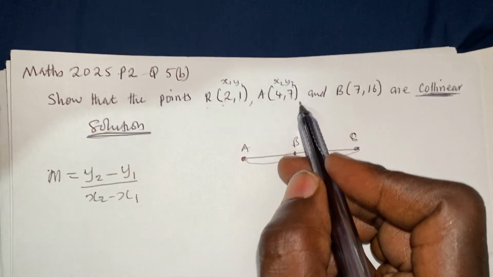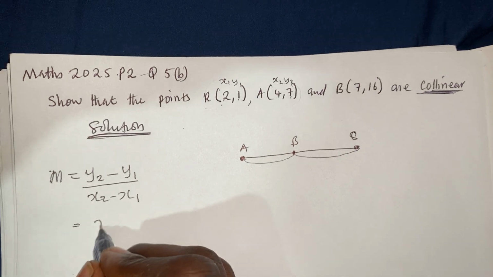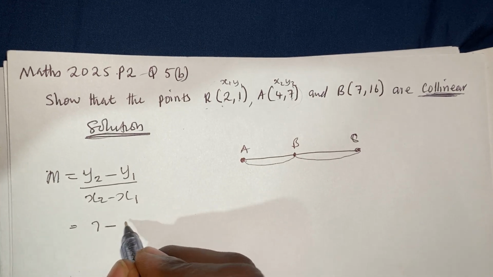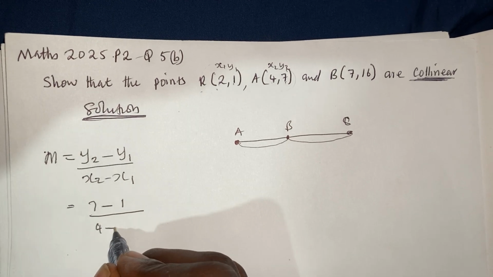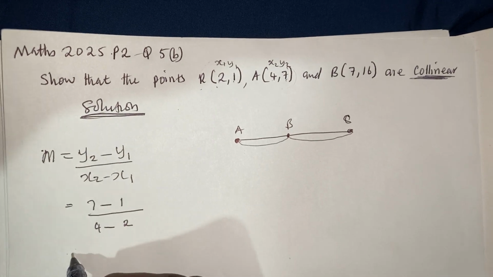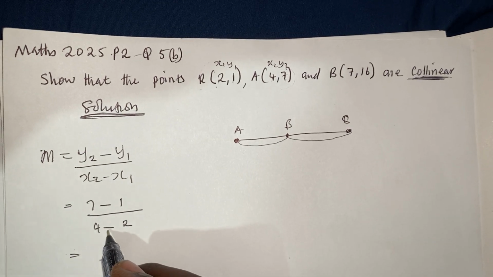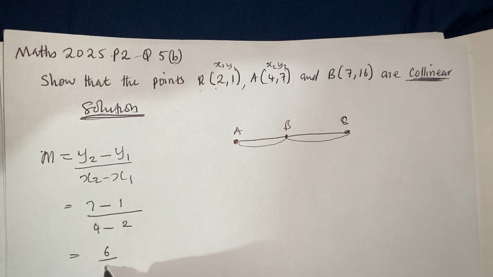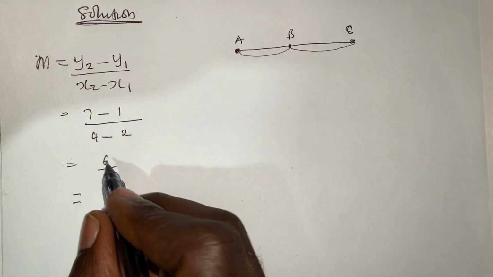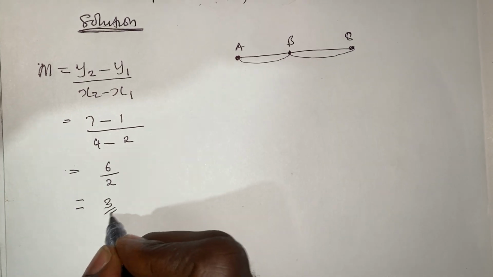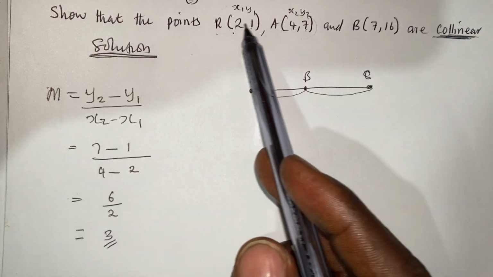So then we're going to substitute all these points into this formula. So meaning we are going to have 7 minus 1 over 4 minus 2. So 7 minus 1, which is 6, over 4 minus 2, which is 2. So therefore 6 over 2, which is 3. So meaning the gradient between these 2 points here is 3.